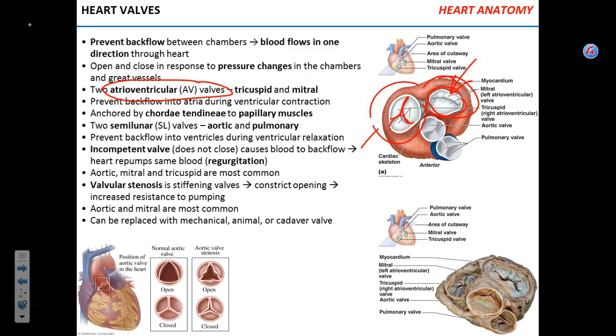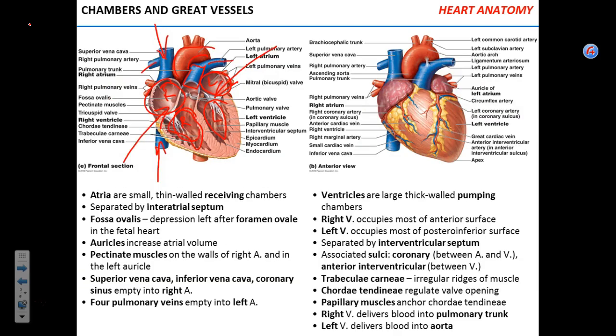So when the blood is in the ventricles, eventually it's going to get pushed out into the large vessels, okay, the great vessels. Right ventricle, this one, will push the deoxygenated blood into the pulmonary trunk, while the left ventricle will push the blood into the aorta.